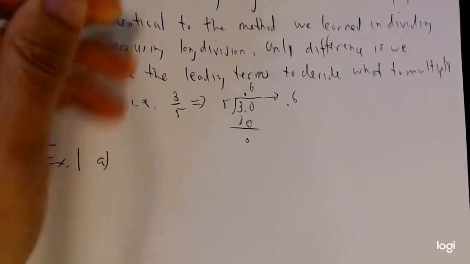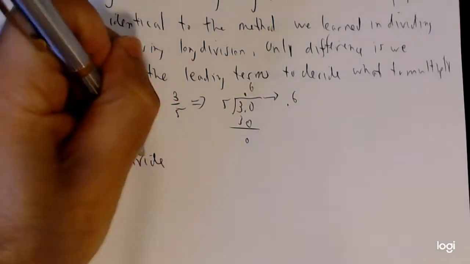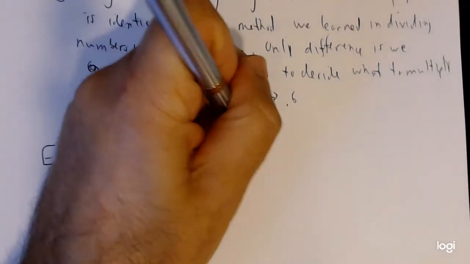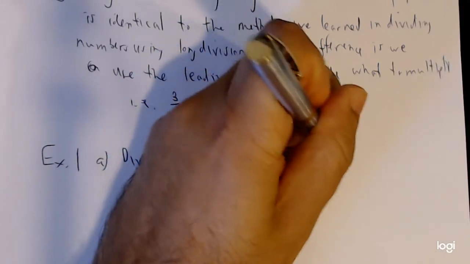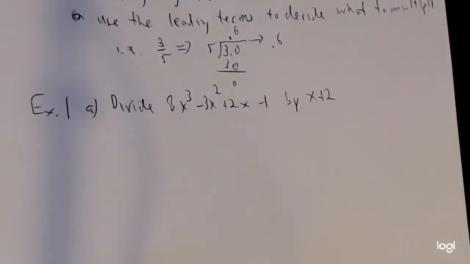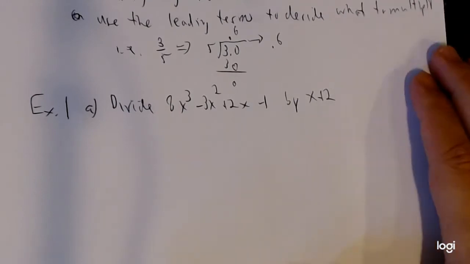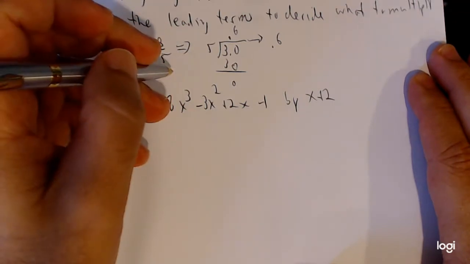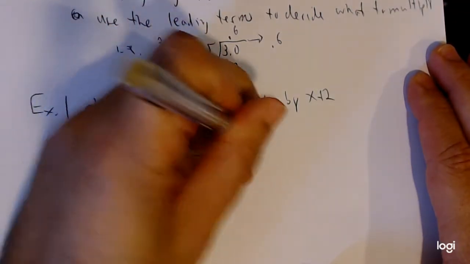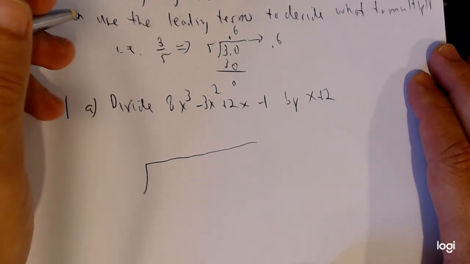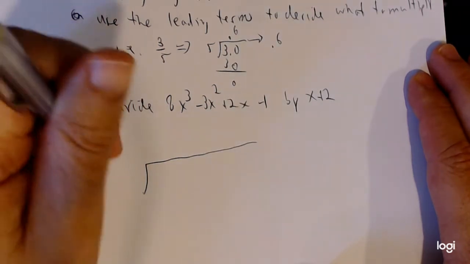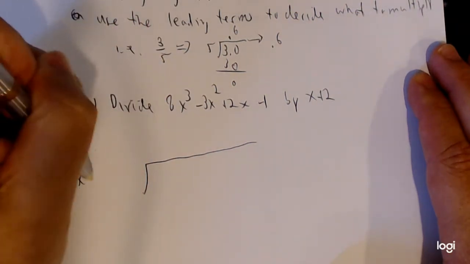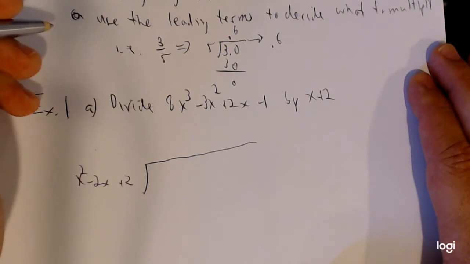So for A, we're going to say divide 8x cubed minus 3x squared plus 2x minus 1 by x plus 2. Okay, so when we do this, I'm going to use long division for this. So we're going to say the x squared minus 2x plus 2 is what we're dividing by.